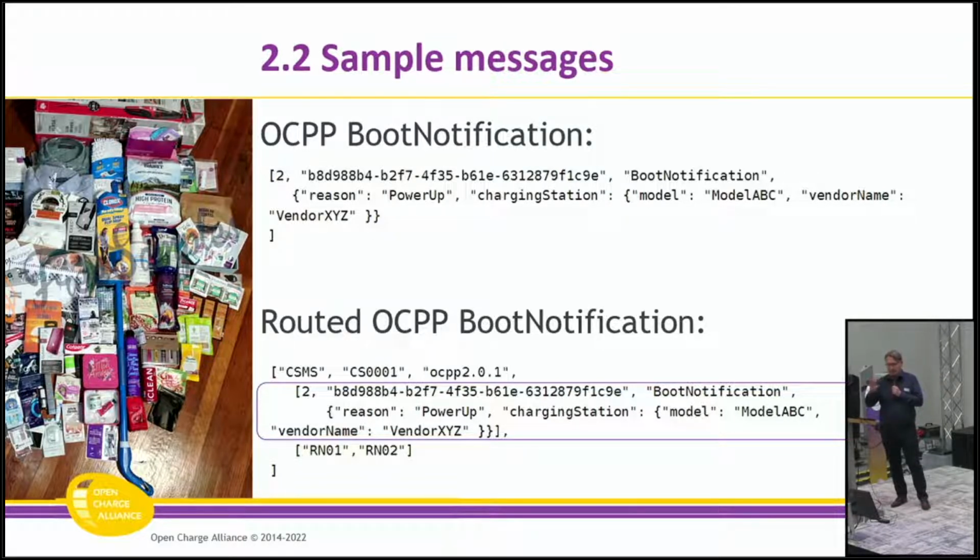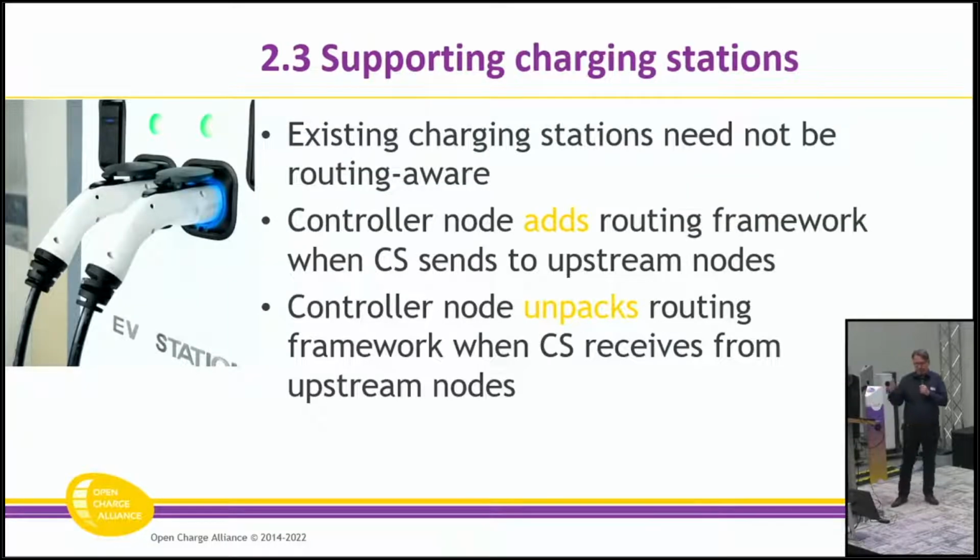And because the original RPC framework is in the payload, that also makes it easy to support regular charging stations. Because if you have an existing charging station that is not routing aware, how can that be supported? Well, the node that the charging station connects to, we call it a controller node in our specification, adds the routing framework when it receives a message from the charging station and then sends it further upwards to the CSMS.